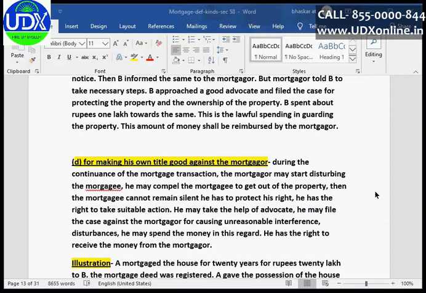And if the mortgager continues to harm, continues to interfere, continues to quarrel, then the mortgagee has the right to find a good advocate, an advocate with knowledge, and he must take suitable, necessary direction from the court of law against the mortgager.